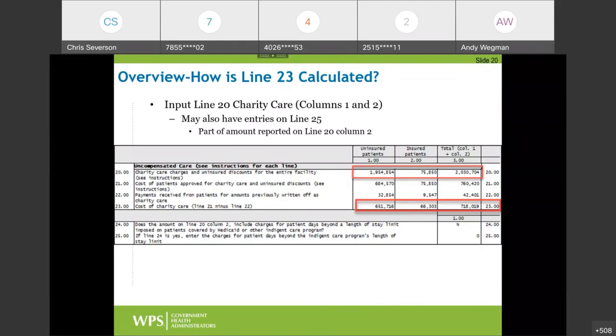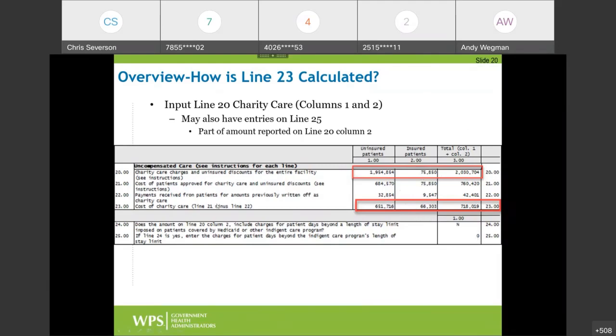However, there's one little exception I'll talk about in just a bit, where this amount might include a lot of insured co-insurance, deductible, and co-payments, but it may also include some charges for a portion of the stay that wasn't covered by Medicaid because they exceeded the Medicaid length of stay limit. So I'll get to that piece in just a bit. In fact, that's down on line 25 is where they report it.